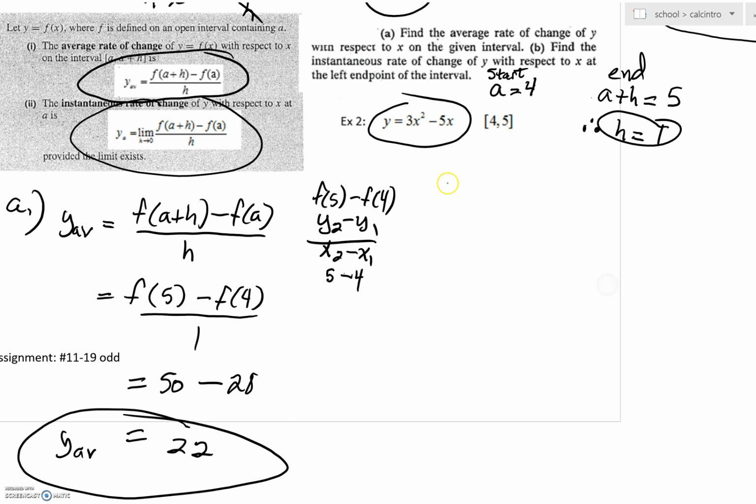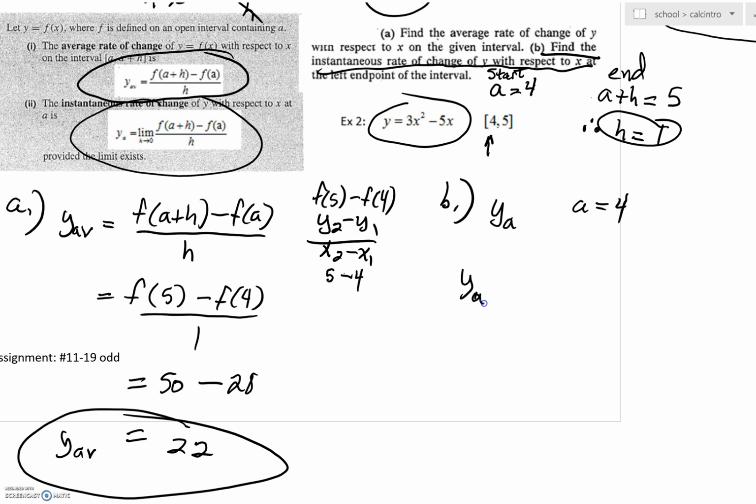But then we're going to move to B, and for B it says find the instantaneous rate of change with respect to x at the left end point. So what they're saying is find y prime of 4, or find your y prime of a where a is equal to 4. So let's go ahead and write that out here.